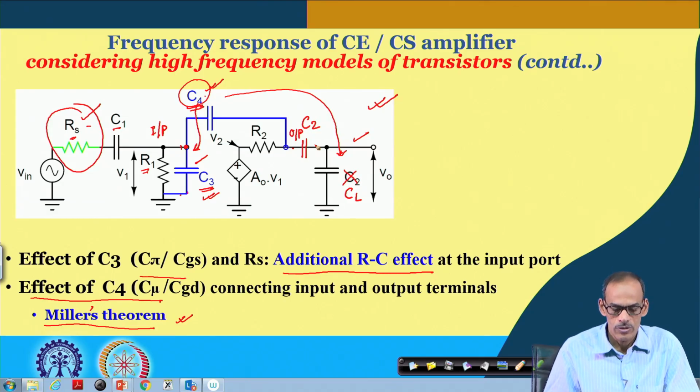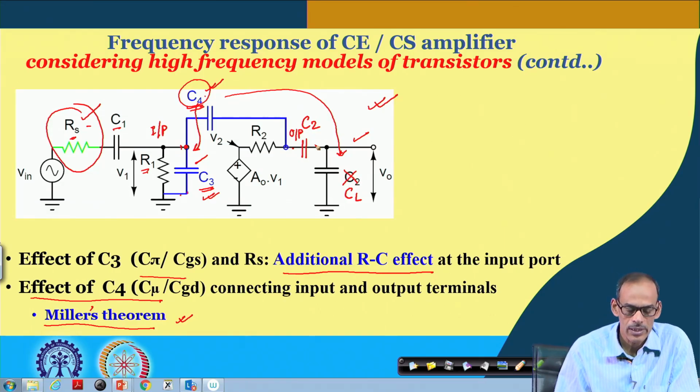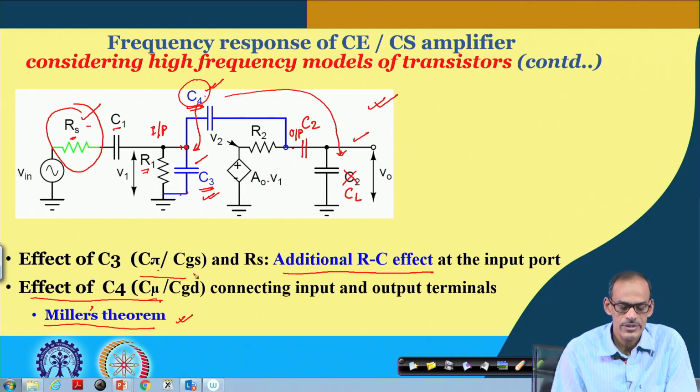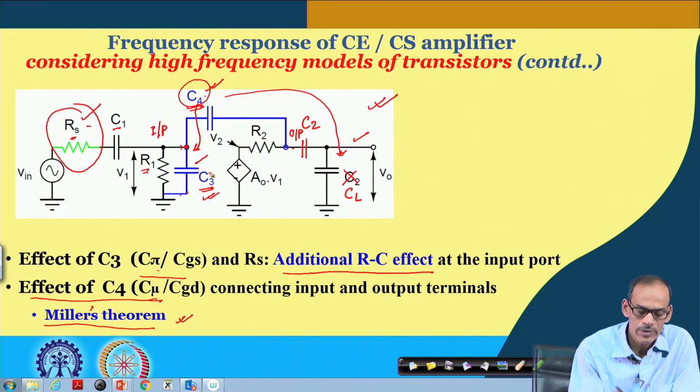The other point I would like to mention is that whenever we talk about the frequency response considering R pi, C pi and C mu or CGS and CGD, we may consider that whenever these capacitors are prominent, C1 and C2 may be successfully allowing the signal to go through.